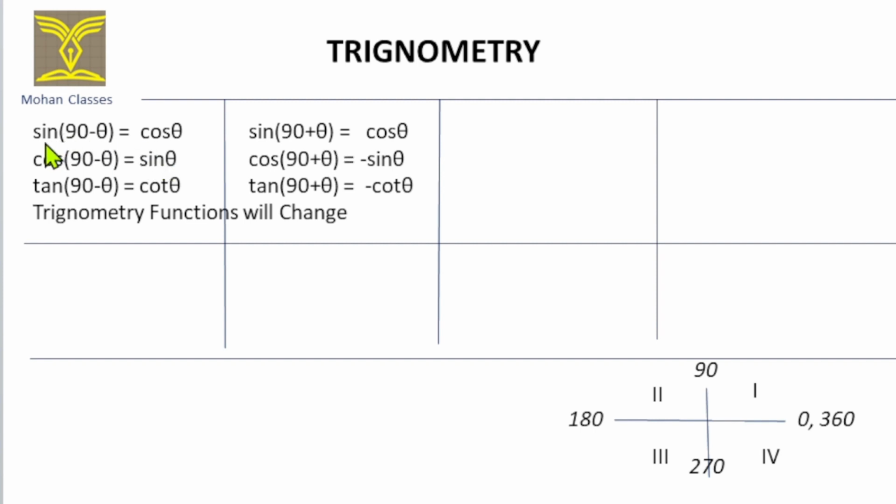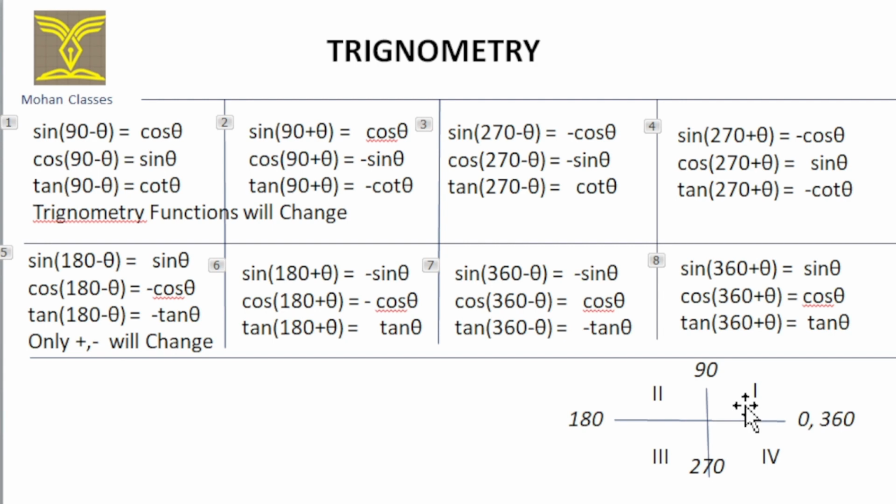So here the trigonometric function is changing from sine to cos. So 90 minus theta is in the first quadrant. First quadrant, all the functions will be positive only. So cos of 90 minus theta, cos has become sine, so sine theta. Tan of 90 minus theta has come as cot theta. So here trigonometric functions will change, and according to the quadrant the sign will change.